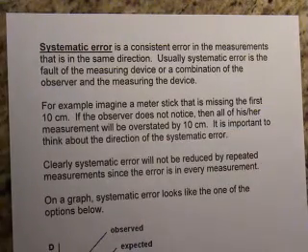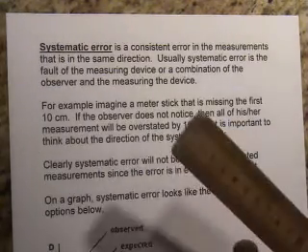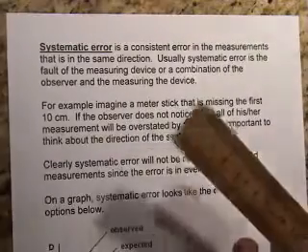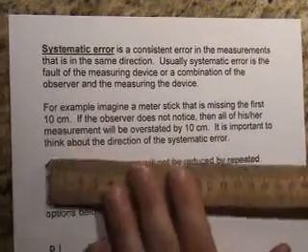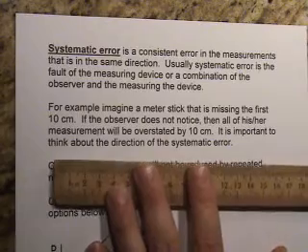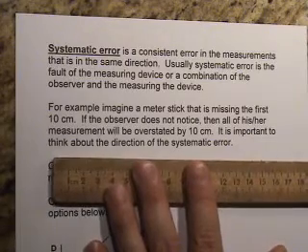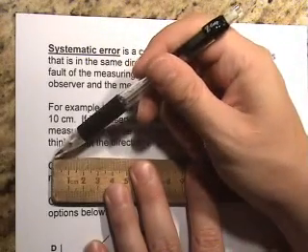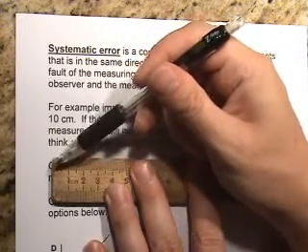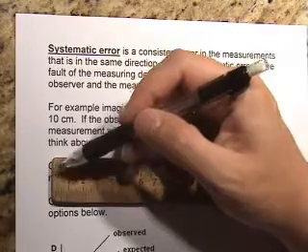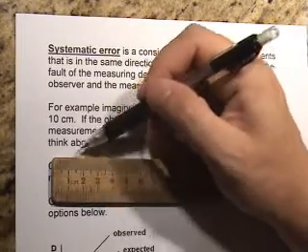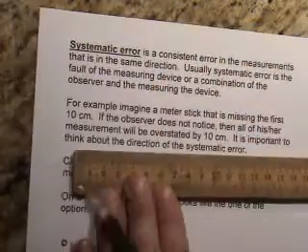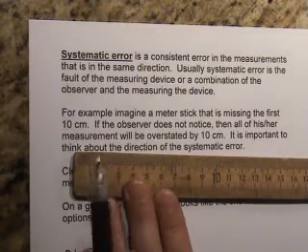A good example is if you notice that the meter stick has a little bit of thickness, so when you make a measurement, for example, from where I'm standing right now, I can't see the edge of the C right here, even though I know that if I move my eyes directly over it, I will be able to see it. So when I make a measurement with a meter stick, since this is not completely flat to the ground, I need to make sure that I put my eye directly over the edge of this thing.